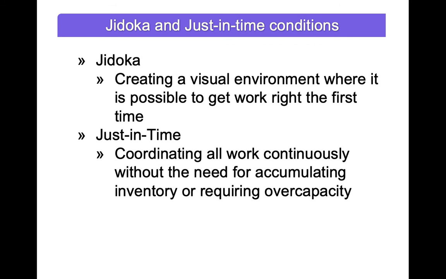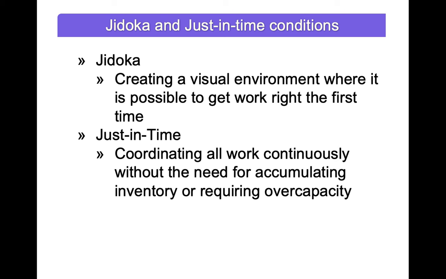So we're going to look at Jidoka and just-in-time conditions. Jidoka is creating a visual environment where it is possible to get work right the first time. And just-in-time is coordinating all work continuously without the need for accumulating inventory or requiring overcapacity. This is rather challenging. It's basically create on demand.